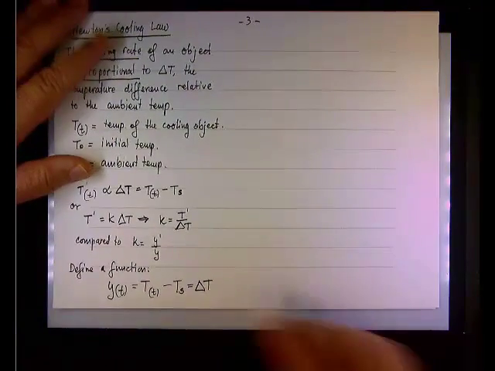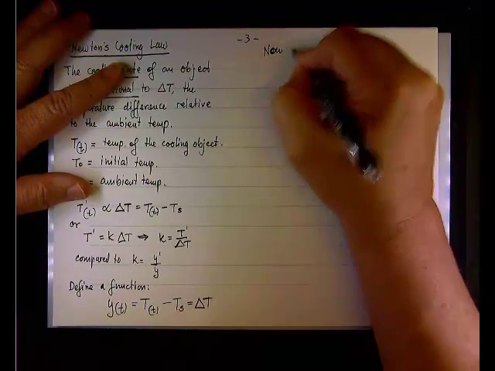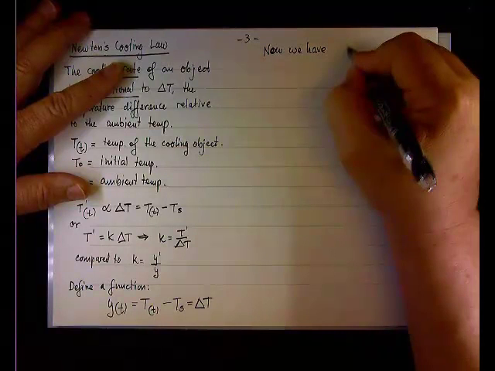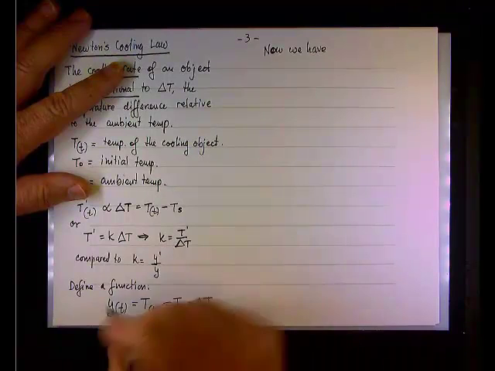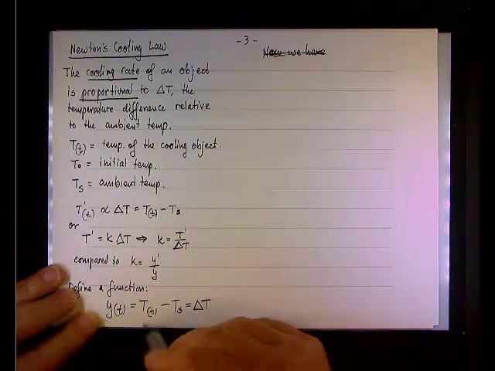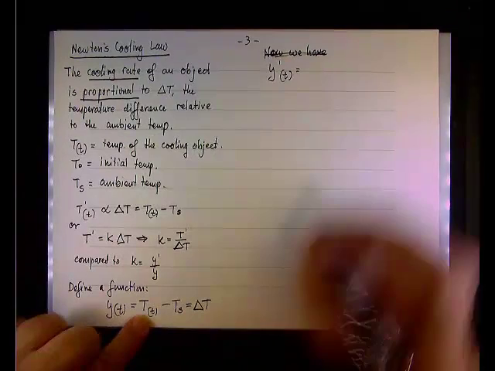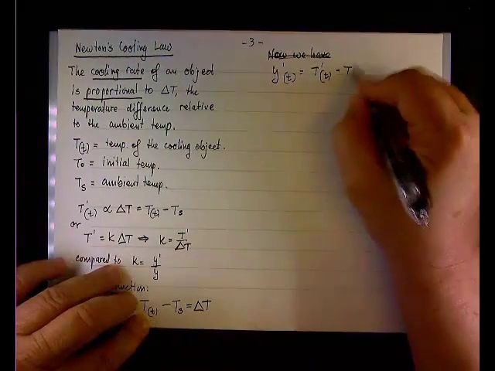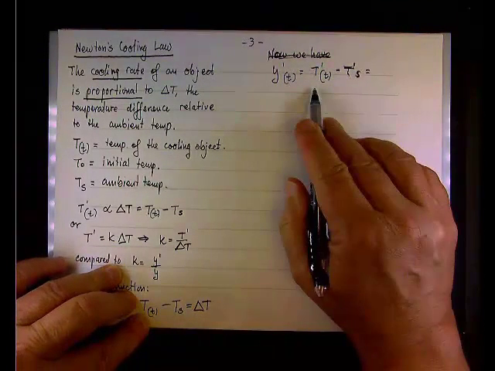So if you do this, now we have, well, if you take the derivative, then y prime of t equals T prime of t minus T sub S prime, but the ambient temperature is held as a constant, right?